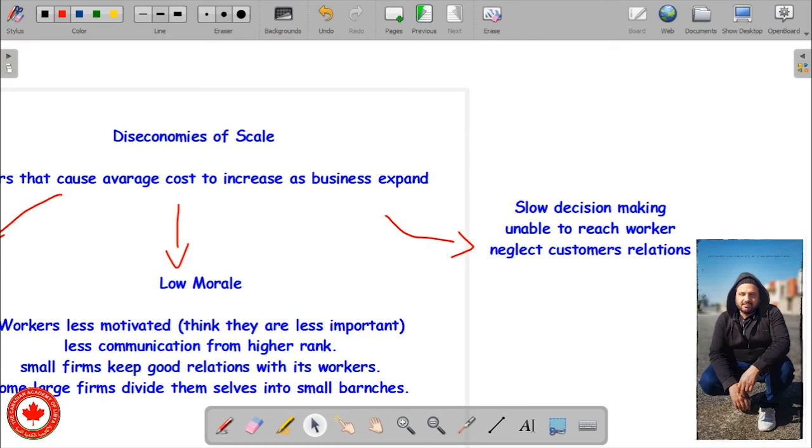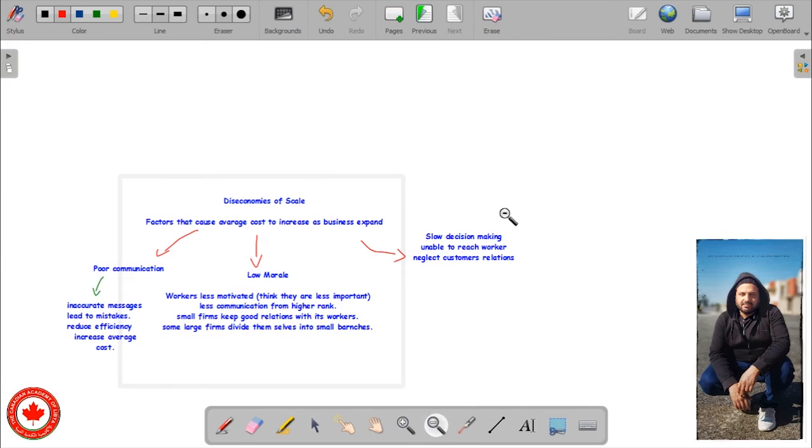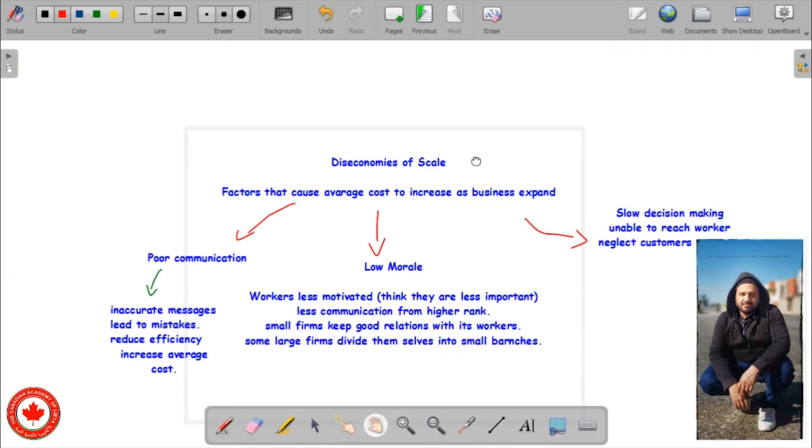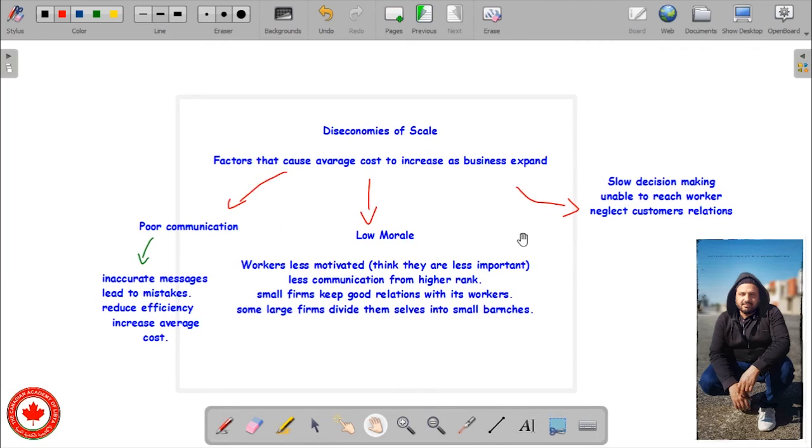This is about diseconomies of scale. We talked about economies of scale, and we talked about diseconomies of scale. Just before ending this session, we will summarize it into direct points.